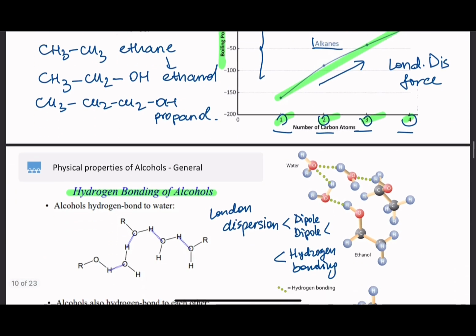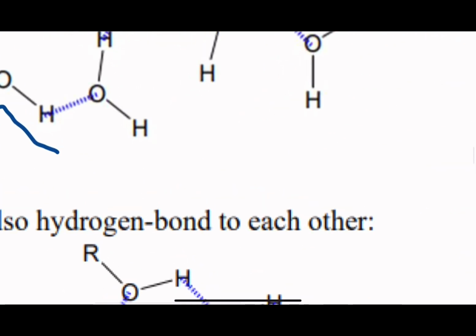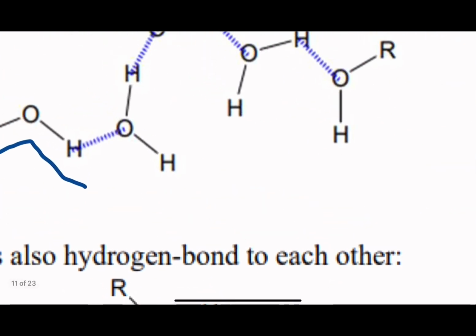Okay? So how is the hydrogen bonding happening? I told you the ROH group. The OH group is alcohol, right? So this oxygen here is partially negative, and hydrogen here is partially positive.